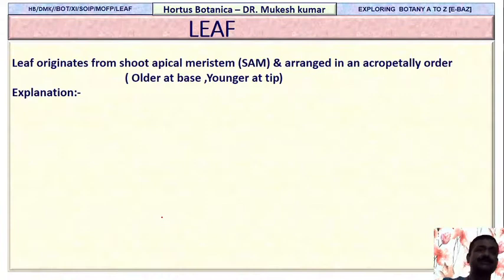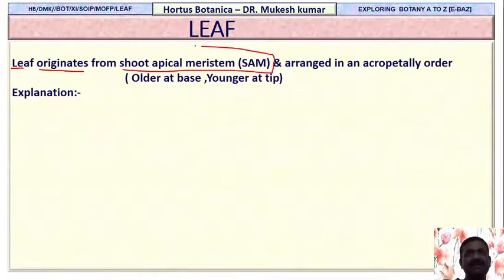Now let's see. Just try to understand what I want to tell you. See, this is the leaf originating from the shoot apical meristem. Here we have a very conceptual topic. See, this is your stem, right?